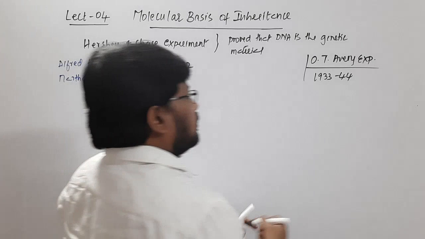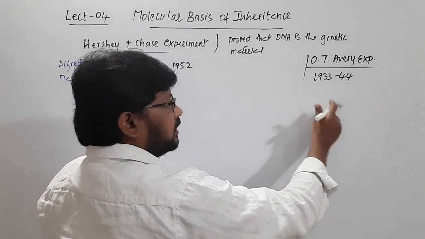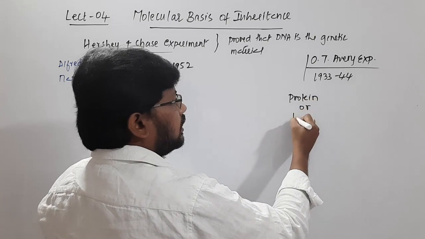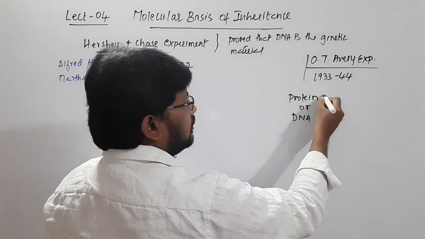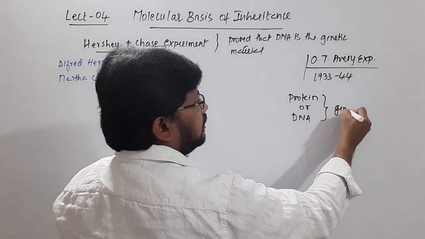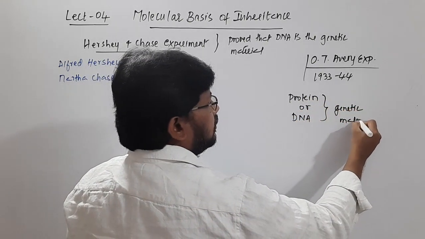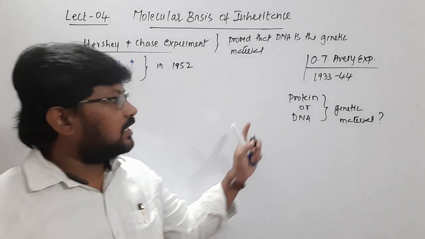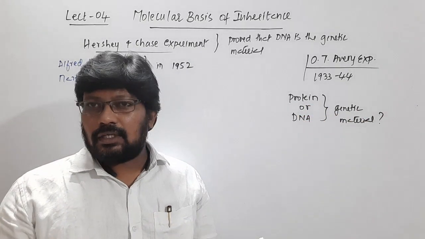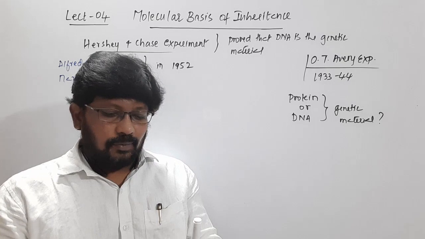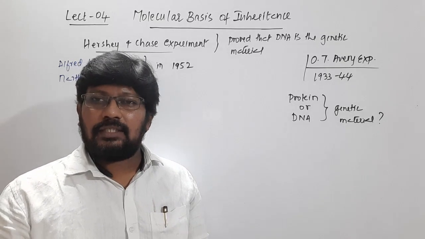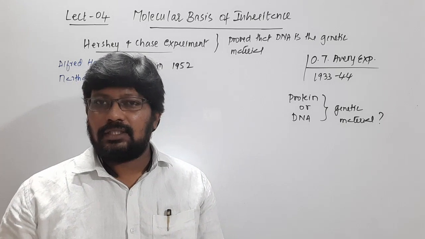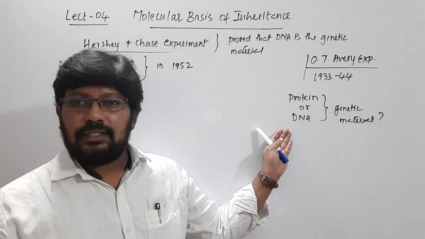Now the scientific world had a question: whether protein or DNA is the genetic material. Which one of these two is the genetic material? Some were saying that protein is the genetic material, whereas O.T. Avery and his colleagues proved that DNA is the genetic material.